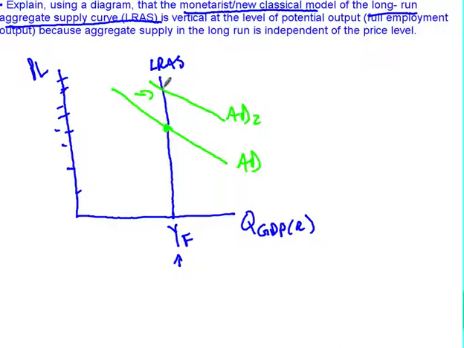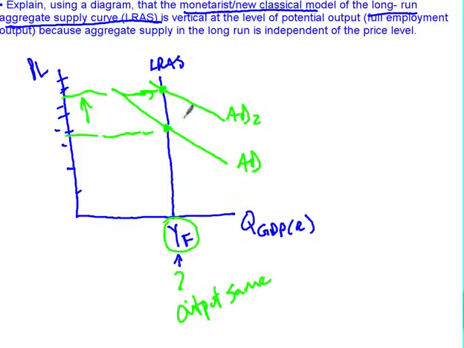You would say, well, they're going to intersect here. And so all we really see is, is there any increase in output? Output stayed the same for this aggregate demand curve and that aggregate demand curve. So output stays the same, and the only thing that happens is that there is a change in the price level. If there's a big increase in aggregate demand, we won't get any more output, but we will see an increase in the prices.